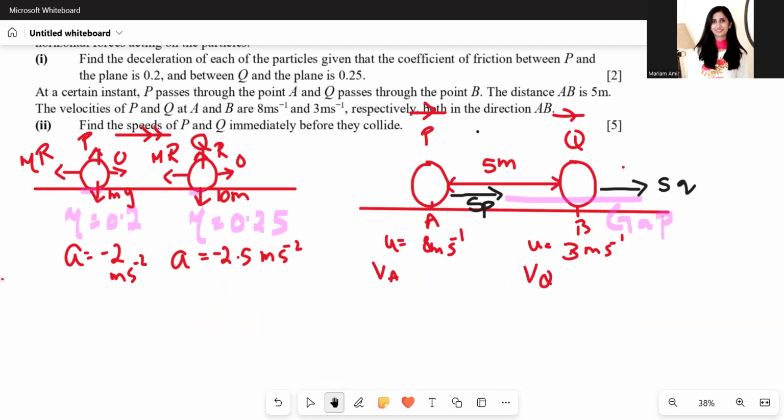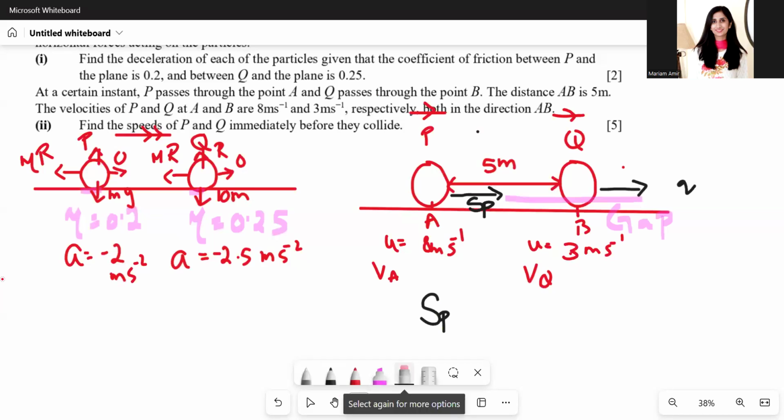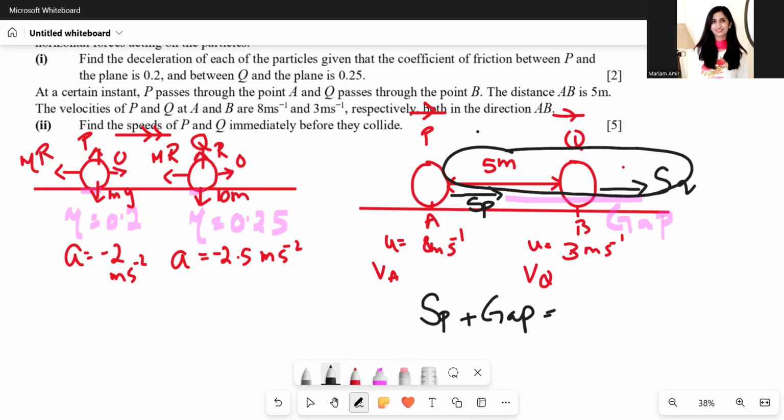Now I need to form an equation that has 5, the distance covered by P, the distance covered by Q, and the gap in it. If you look at the figure, distance covered by P plus the gap at time t is equal to 5 meters plus distance covered by Q. Imagine this particle is very small, so these lengths would be like extensions of each other.